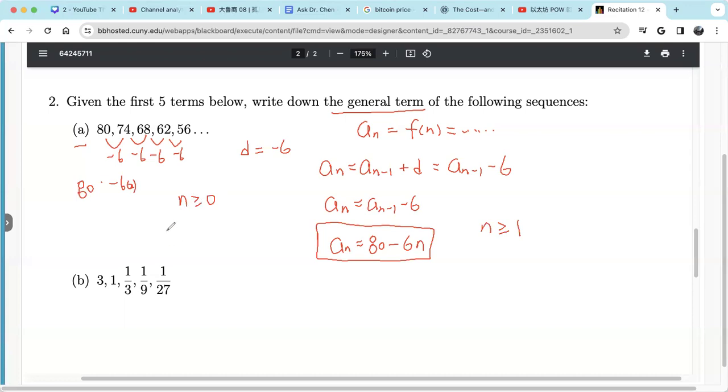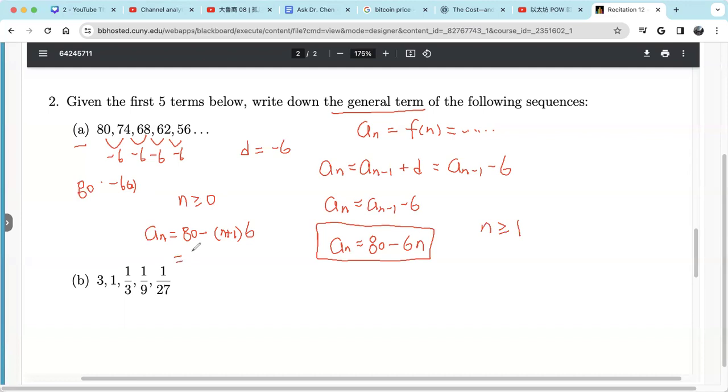If n starts with 0, we have to change an a little bit. We have to say that's 80 minus n plus 1 times 6. Because n starts with 0, the first term is 80, the next term is 74. If we start n with 0, we have to do n plus 1.